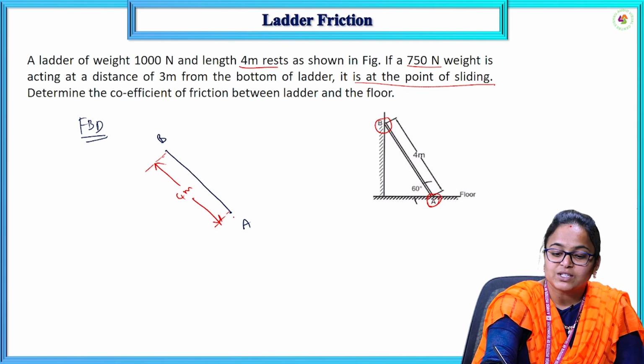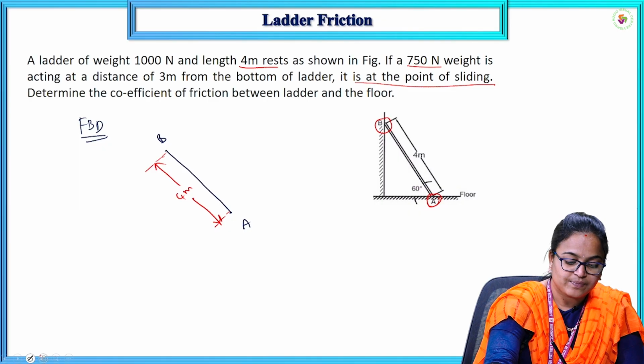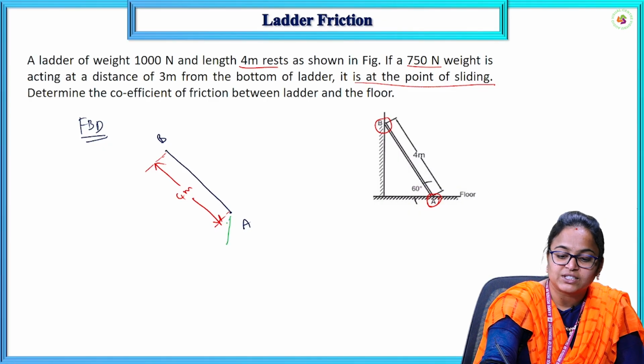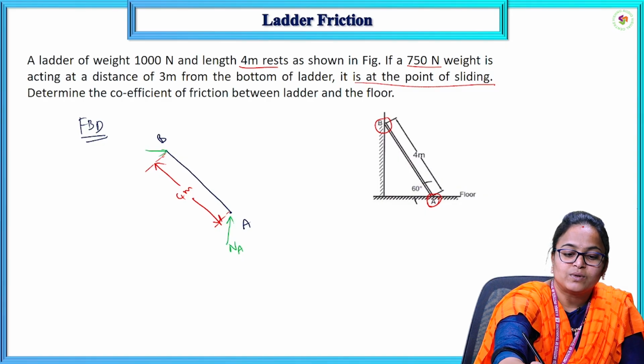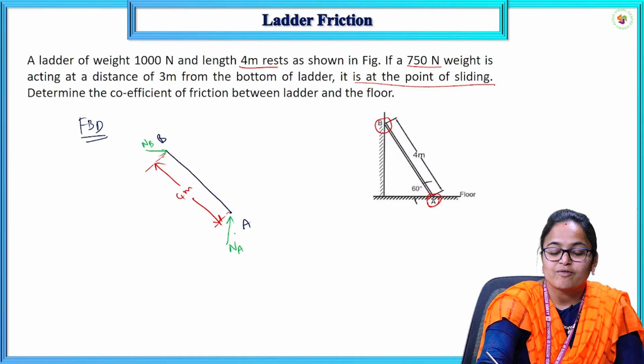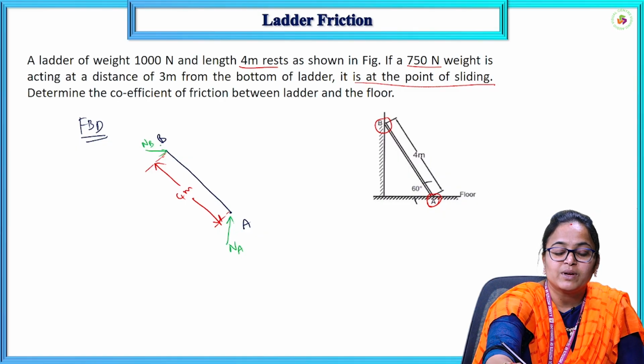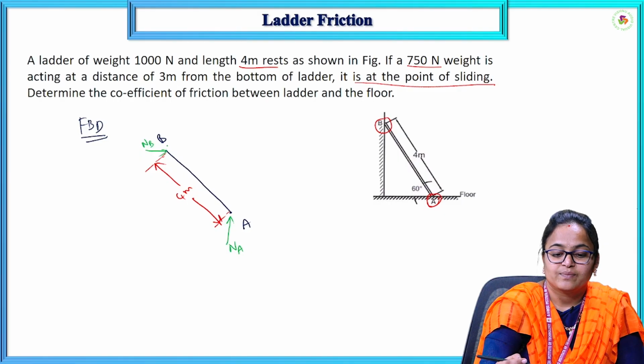The normal reaction at A will be in the upward direction, that is NA, and at B towards right. NA is the normal reaction from the floor and NB is the normal reaction from the wall.